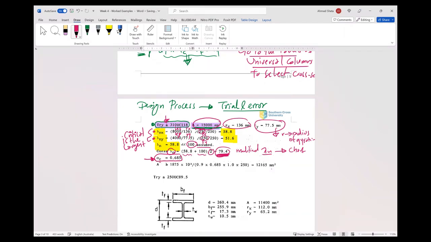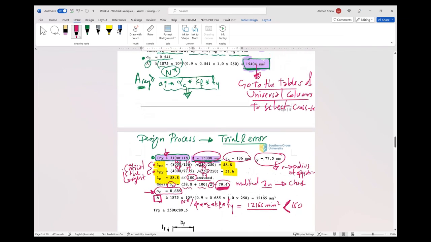So the area of this cross section will be again N star over phi times alpha c times kf times f yield. This area is 12,165 millimeter squared, which is less than the required area of 404.